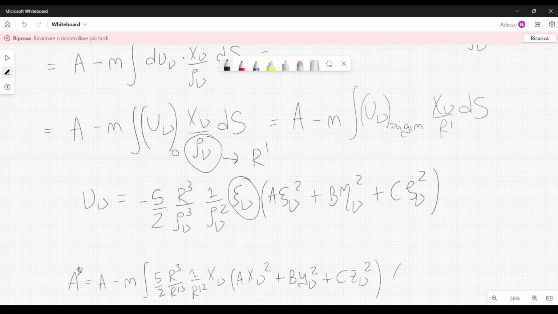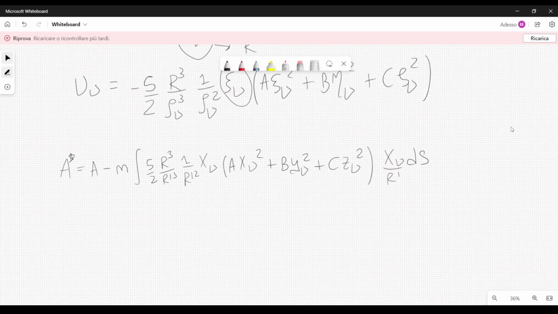We multiply by x_ν over r prime ds. And now we have to integrate over the sphere with radius r prime. So it is just a bunch of calculations. There is nothing major about this.